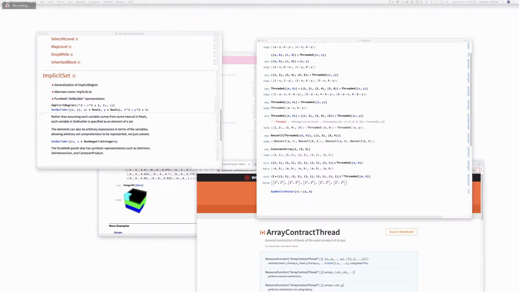But I mean, it does seem like if we had this set builder thing, there are a whole bunch of functions you would expect to return it. For example, you'd like a version of solve that returns a set of solutions. Yes, you would.